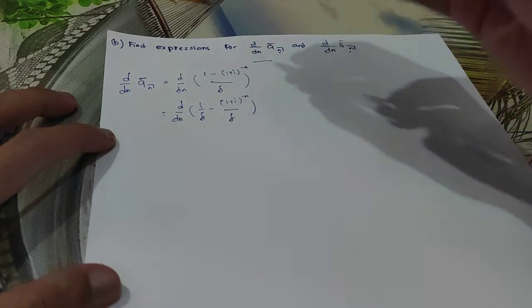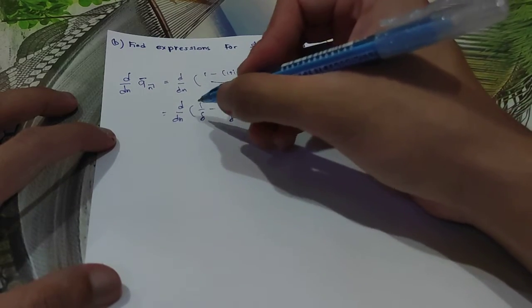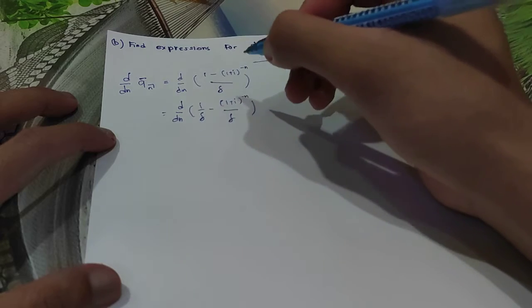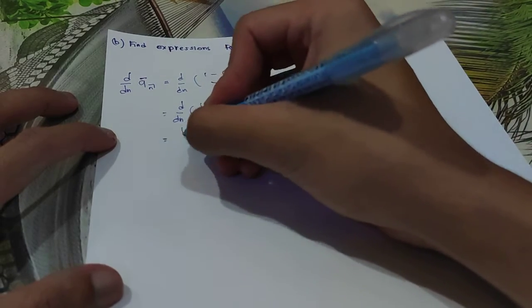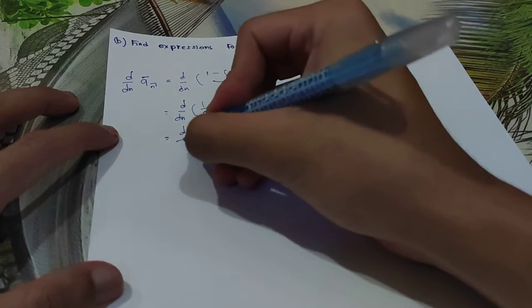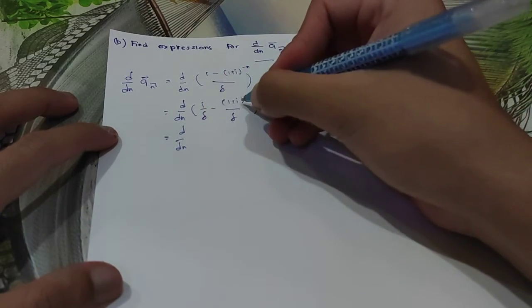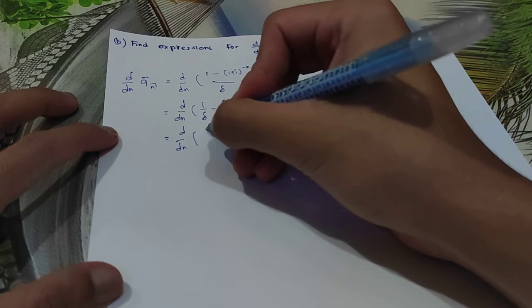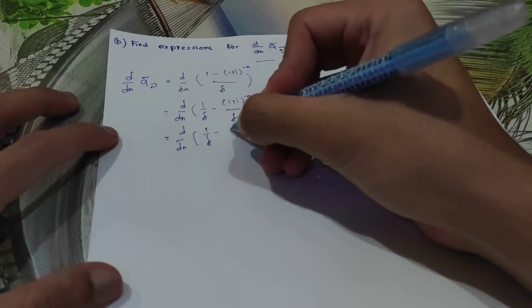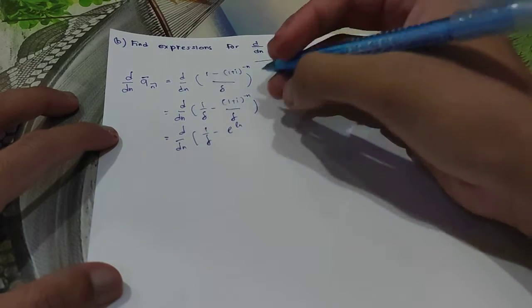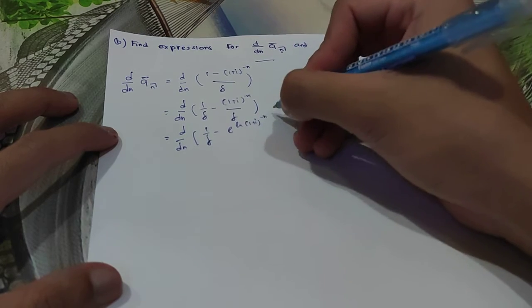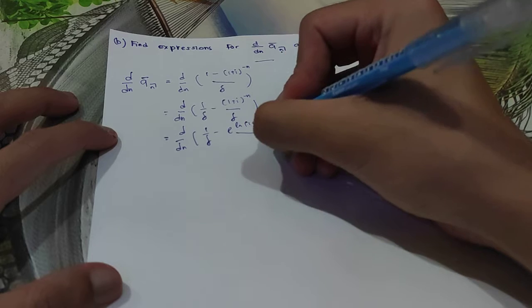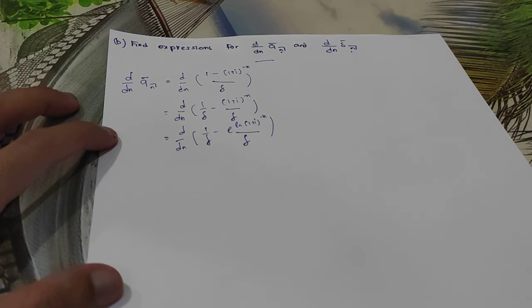Now we differentiate this equation with respect to n. So we turn this to e to the ln (1 plus i) to the power of n, divided by delta.